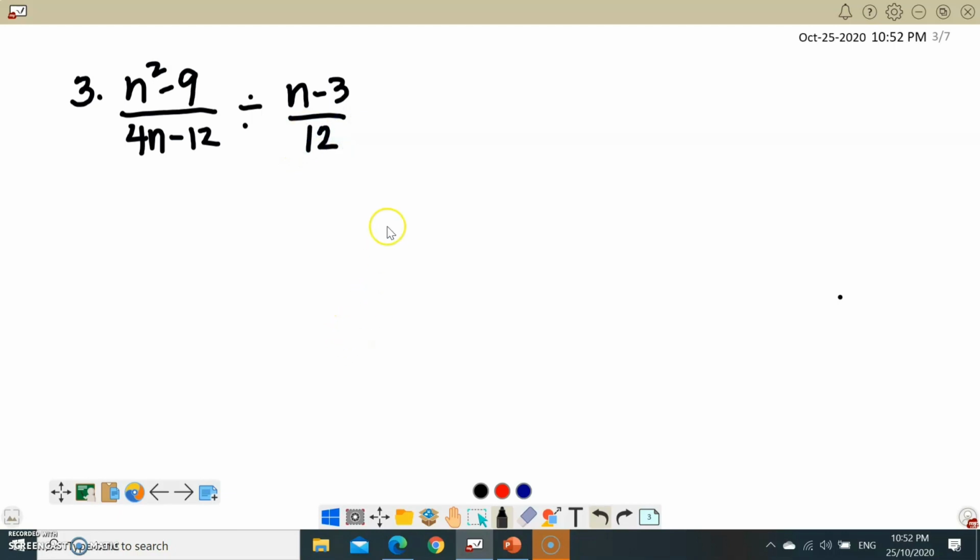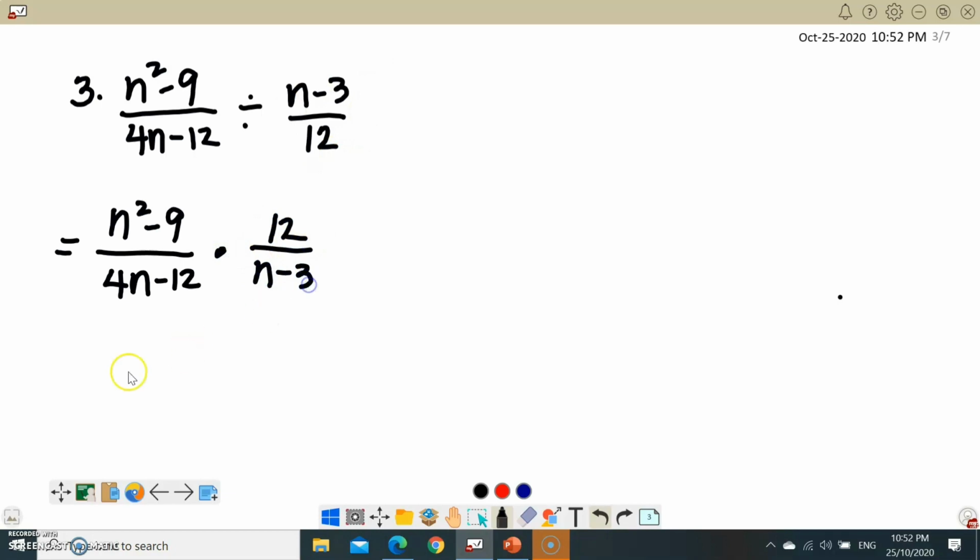Let's try another. Let's have number 3. Number 3 here, n squared minus 9 over 4n minus 12, divided by n minus 3 over 12. So we need to find the reciprocal of the divisor. Then division changes to multiplication. So we now have n squared minus 9 over 4n minus 12 multiplied by 12 over n minus 3.